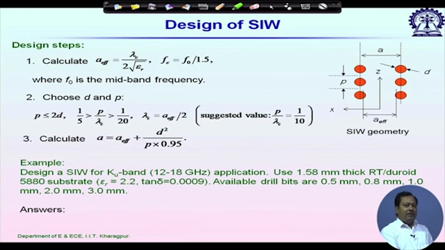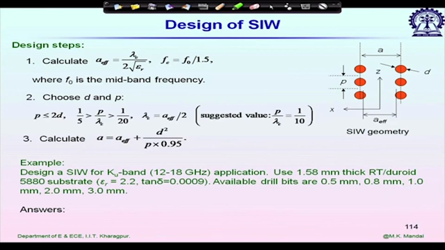Not only that, if I choose a higher thickness, that means we are increasing cross sectional area. So, we are increasing the power handling capability as well as decreasing loss. So, depending on the substrate available to you and the application requirement, you have to choose your substrate wisely: what the epsilon r should be, and what the thickness of the substrate should be.